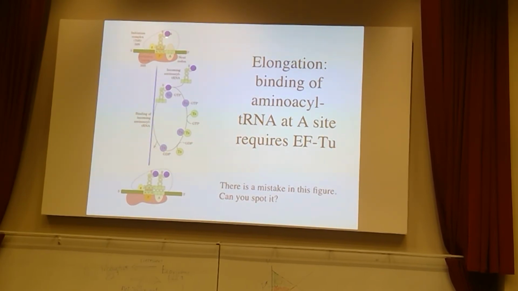So, first amino acid brought into the P site by the initiation factor, second amino acid brought into the A site by elongation factor Tu, also a GTP-dependent process. All right?